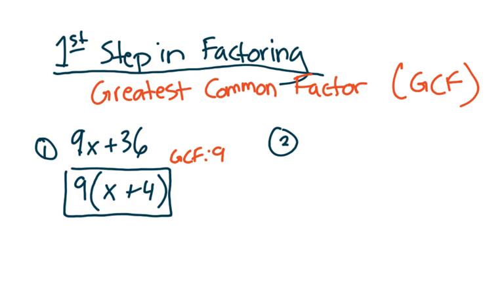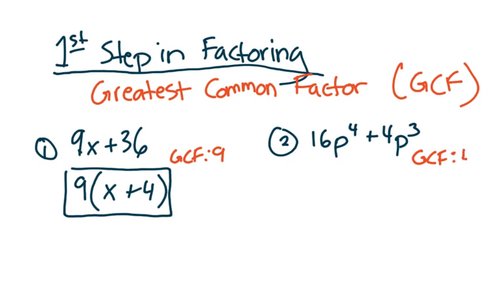All right, let's try 16p to the 4th plus 4p cubed. So to identify my GCF, the number part is the biggest number that divides evenly into 16 and 4.